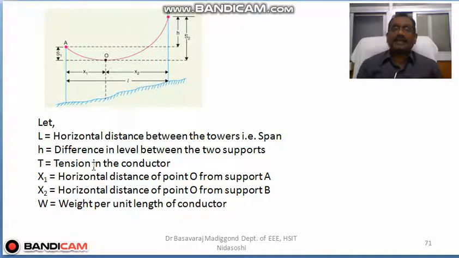T is the tension in the conductor. X1 is the horizontal distance between point O and support A. X2 is the horizontal distance between point O and support B. Let W be the weight of the conductor per unit length.